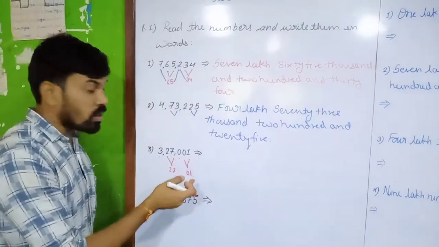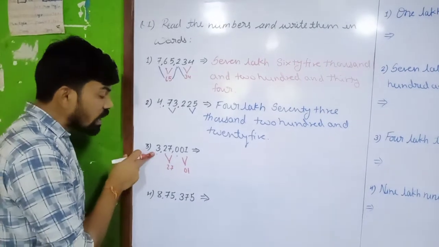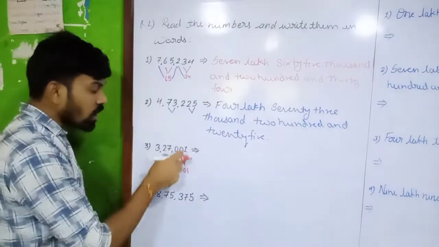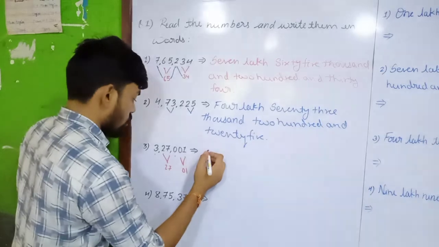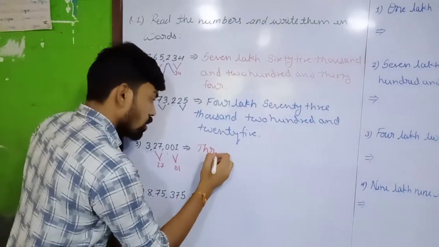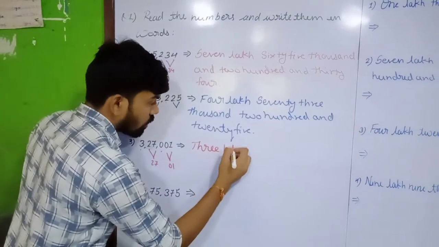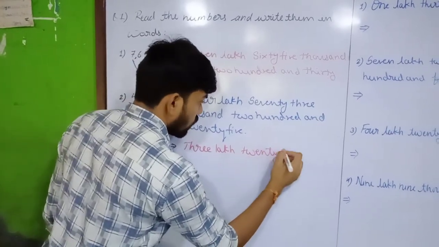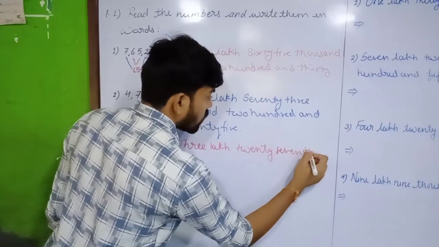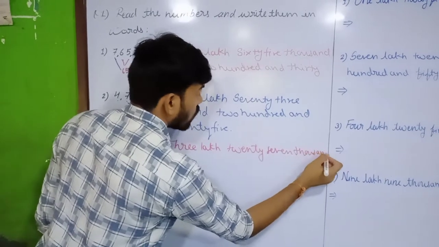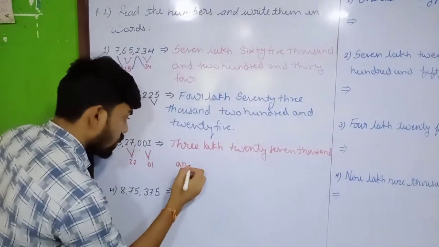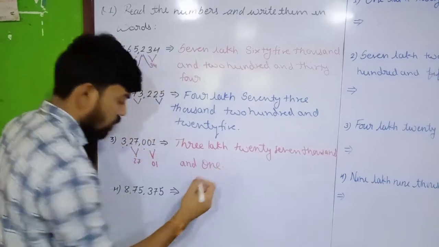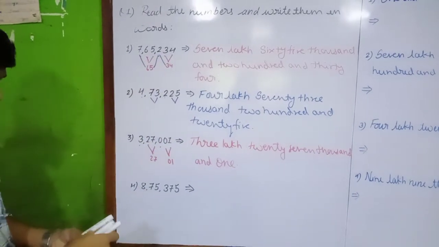It doesn't have any value. So 3,27,001. Directly we can write 3,27,001.